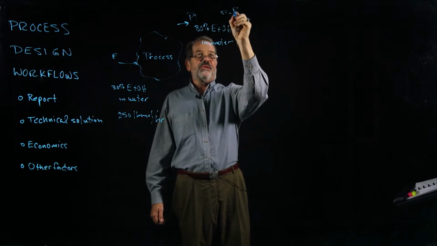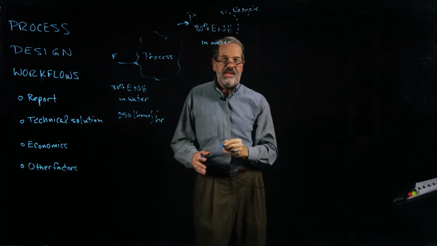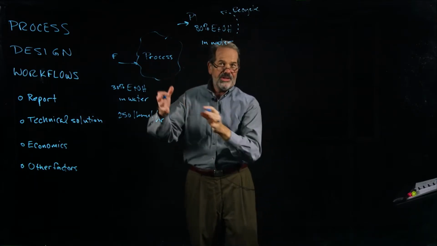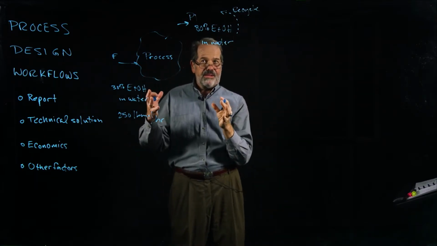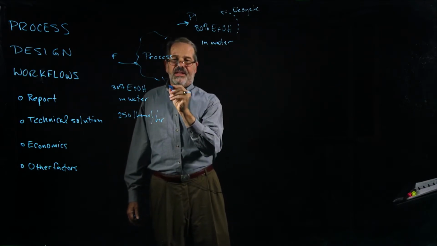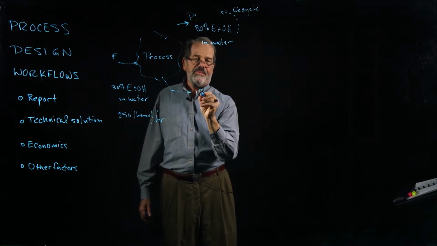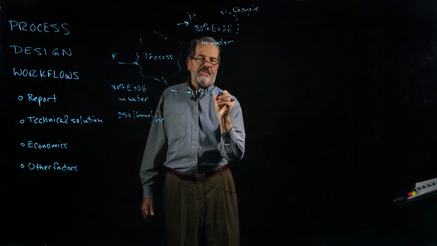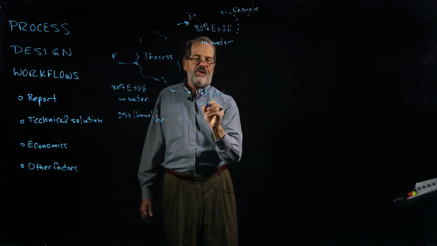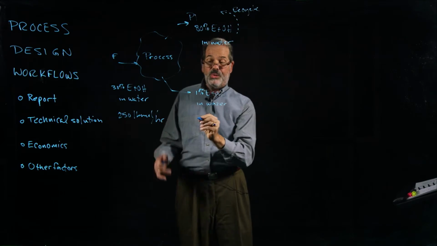We'll put a recycle up here. And then we're going to have a waste stream. The client that has provided us our challenge has been thinking that this waste stream might be 1% ethanol in water. And this might be sent then to wastewater treatment.